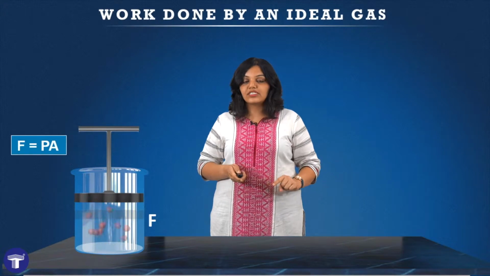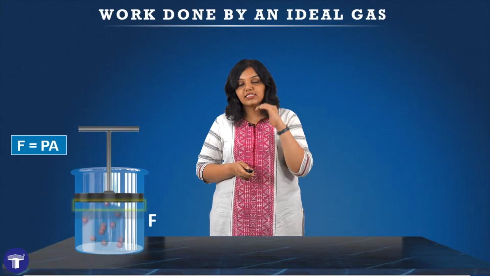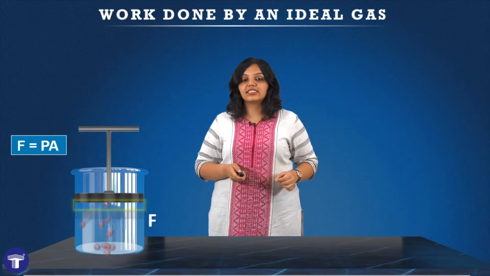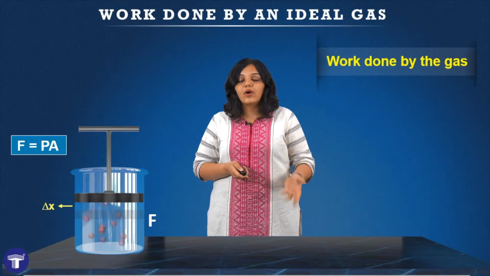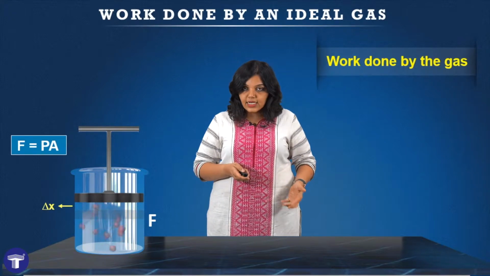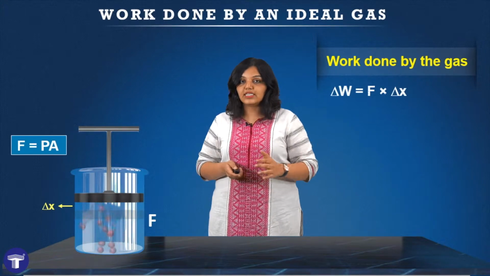Now, once I know the force that is exerted on the piston, the next question I can ask is, what is the distance that this piston has moved, and we'll call this distance delta x. Now, it's very simple to write down what is the work done. The work done by the gas will be nothing but the force exerted multiplied by the distance through which the piston moved, that is F into delta x.